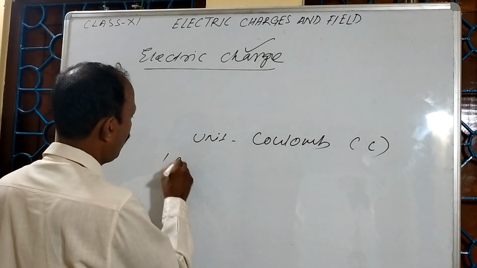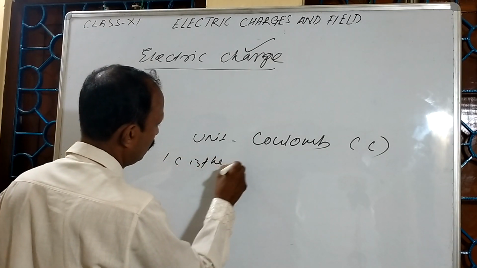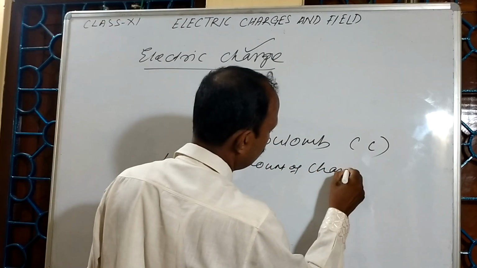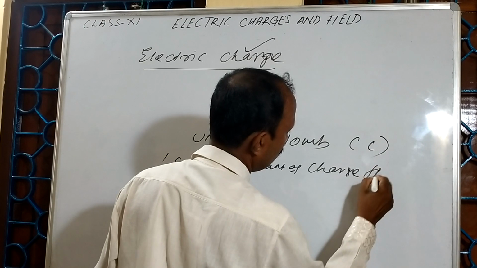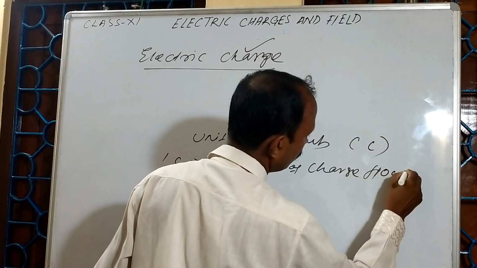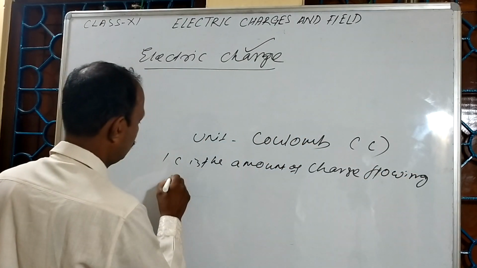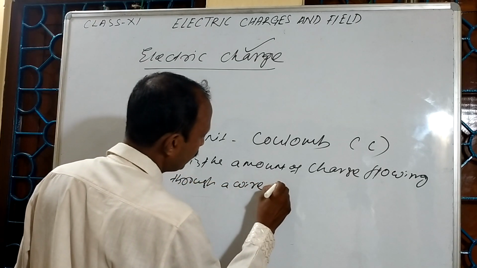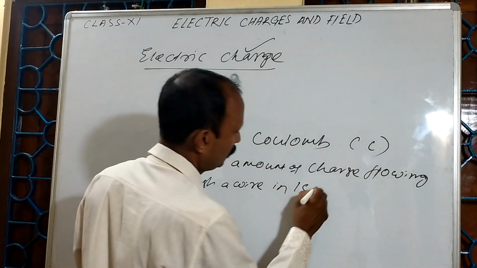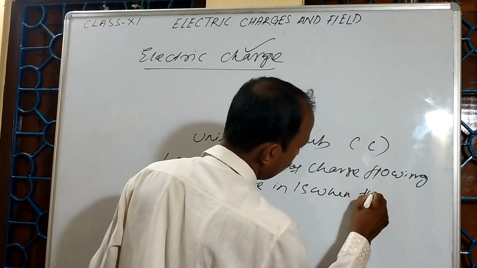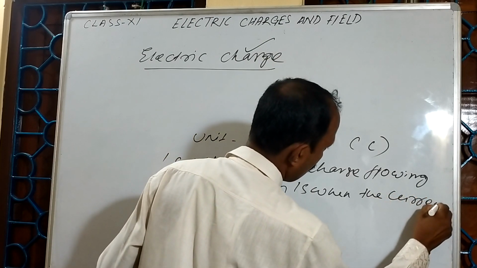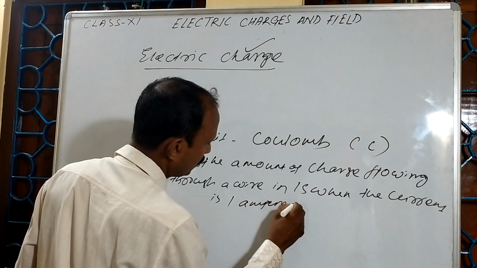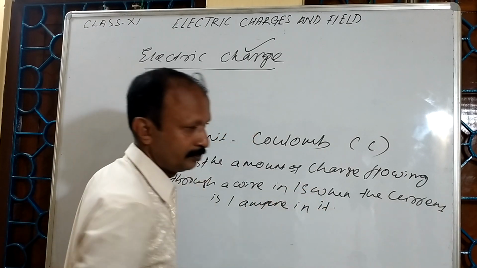So I can say that 1 coulomb is the amount of charge flowing through a wire in 1 second when the current is 1 ampere in it.